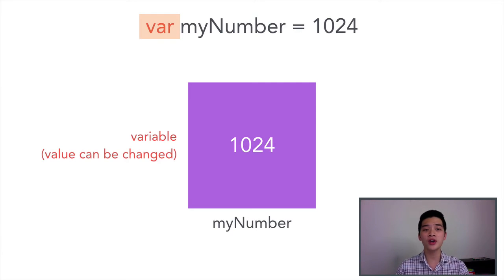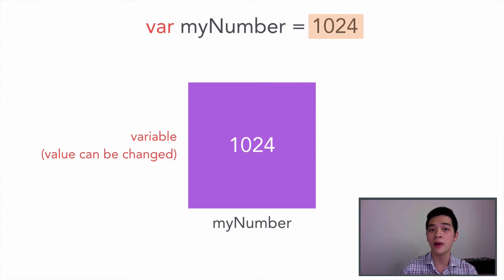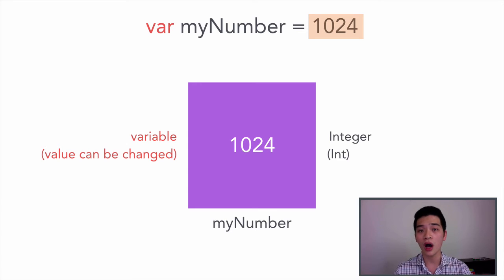Next, we want to talk about this once again. It is not the end, because when we tell Swift that my number equals 1024, it also knows one more piece of information. It knows that this is an integer, an int, and that is the type of this variable.